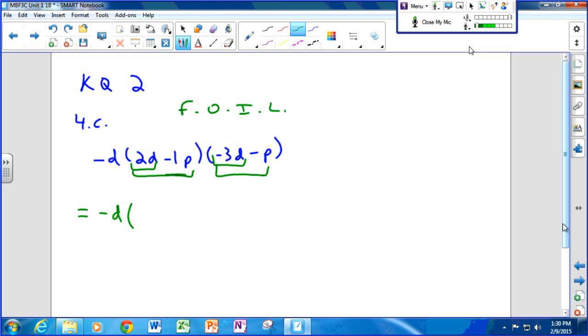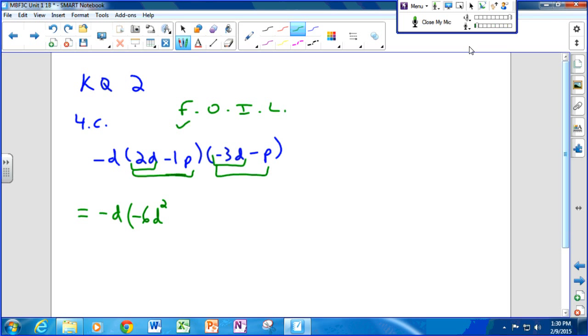First we're going to do the sign. The signs are different, so the answer is going to be negative. Now I have 2 times 3, which is 6. And I have d times d, which is exactly d squared. See? All right, so far so good. So that was the F.